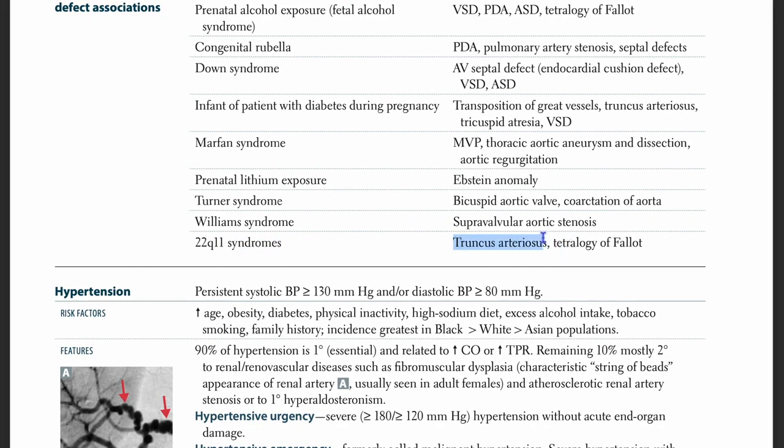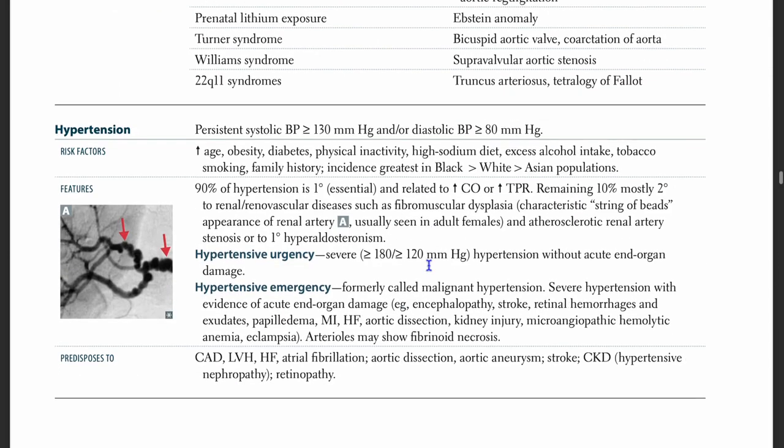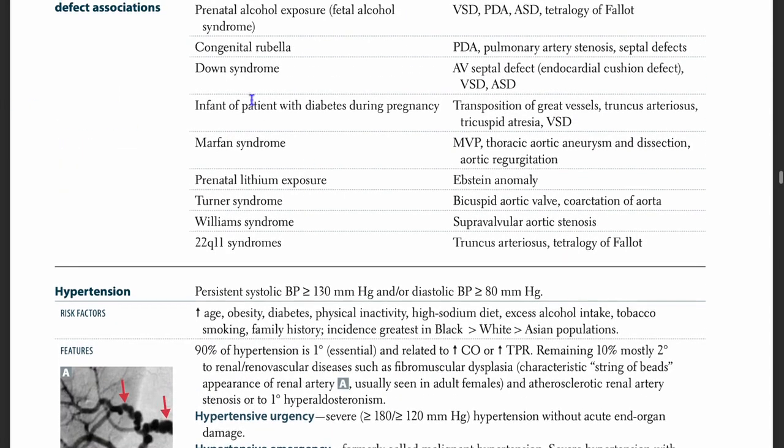In that you'll have truncus arteriosus and tetralogy of Fallot. So tetralogy of Fallot, you can find it in alcohol and DiGeorge. Marfan's: MVP, mitral valve prolapse, and aortic dissection. When you have dissection, you probably end up with an aneurysm anyways, or vice versa. Then for Turner's, you have bicuspid aortic valve and coarctation of aorta.